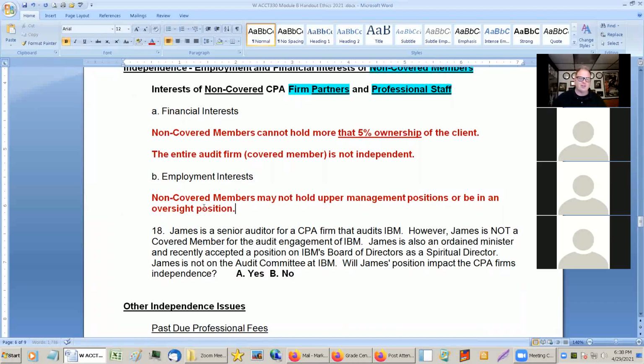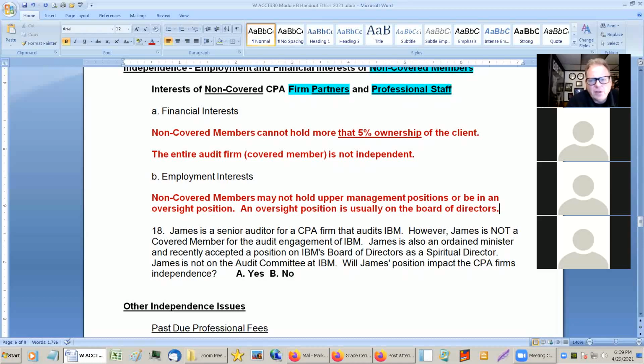Now, an oversight position is usually on the board of directors.